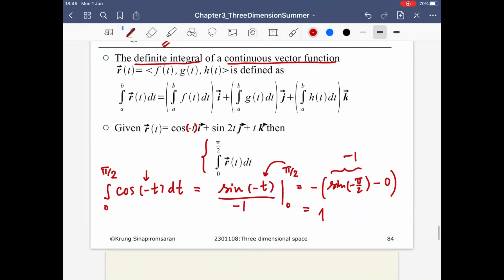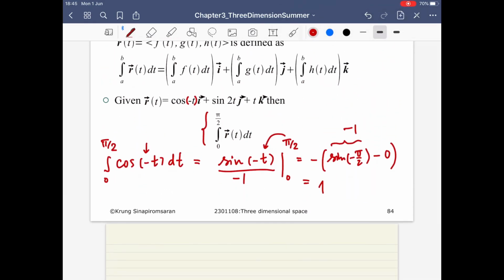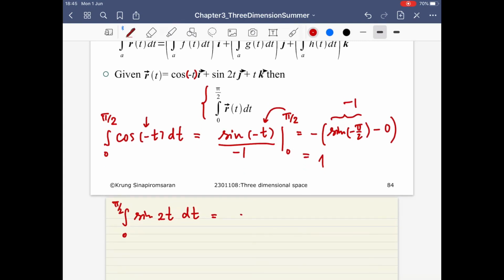Next, we can find the second integration, which is 0 to pi over 2 of sine 2t dt, and the integration of the sine gives negative cosine, but because of the 2, you have 2 divided here, so it is evaluated from pi over 2 to 0.